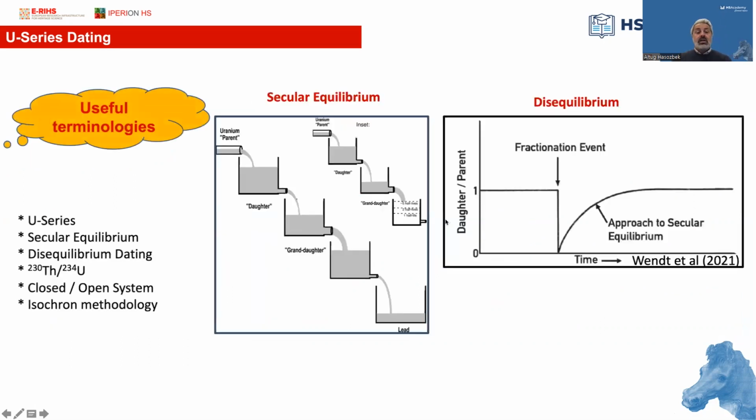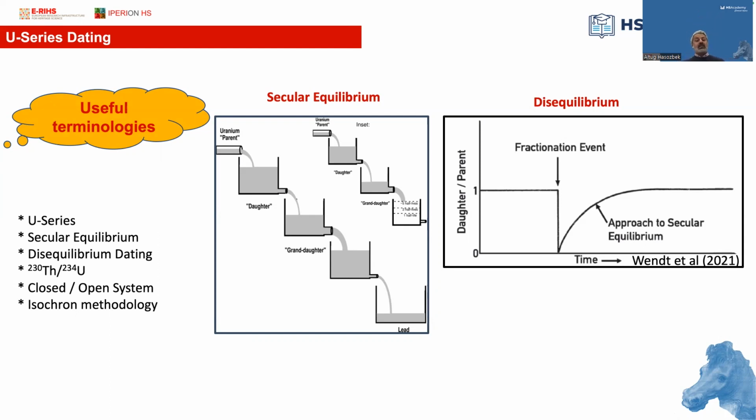Here are some basic concepts and useful terminology worth mentioning. We call it uranium series, but in the literature you can also see uranium-thorium series. You will hear secular equilibrium, disequilibrium dating, 232 thorium and 234 uranium, closed and open systems, and isochron methodology.